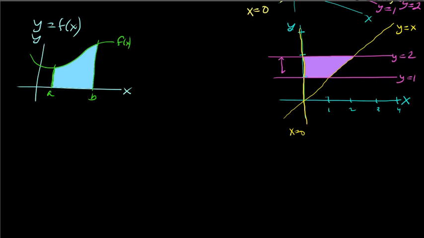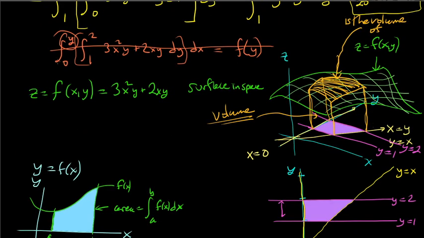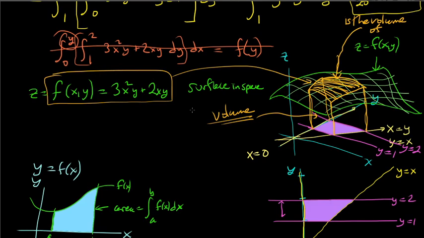So this area would just be the definite integral from a to b of your function f. That's how it was in one dimension. But now we have a two-dimensional surface, and we want to integrate this function to find the volume of that region underneath. Instead of underneath the curve, it's underneath the surface.